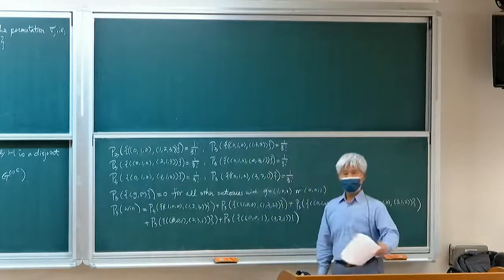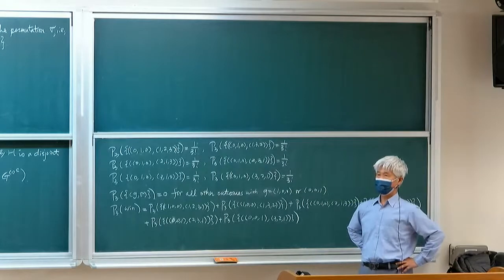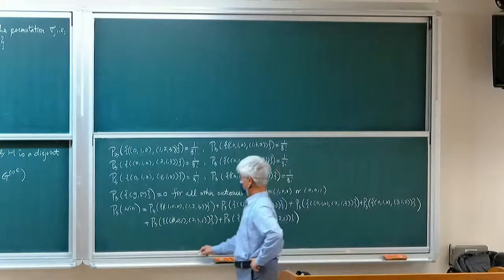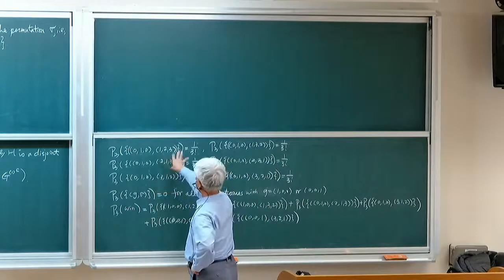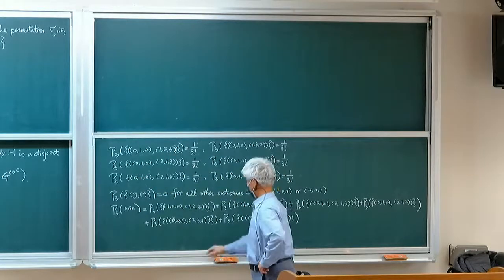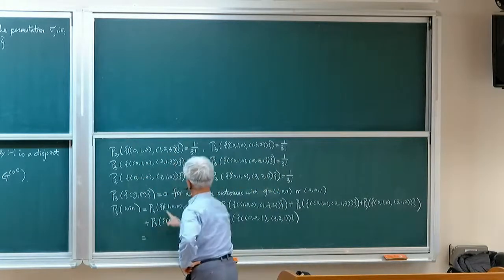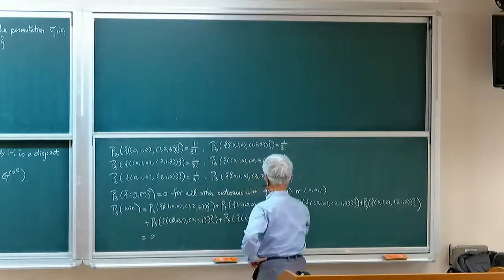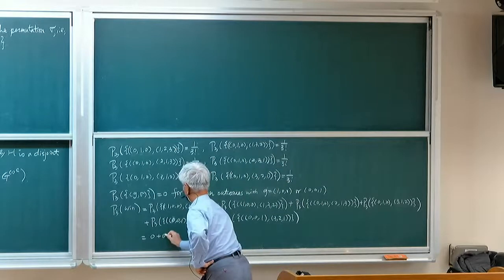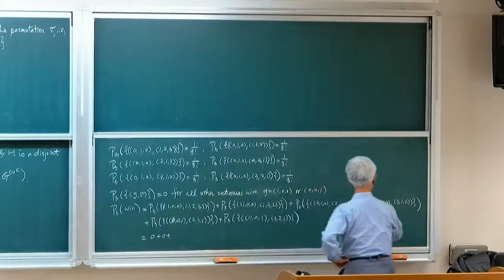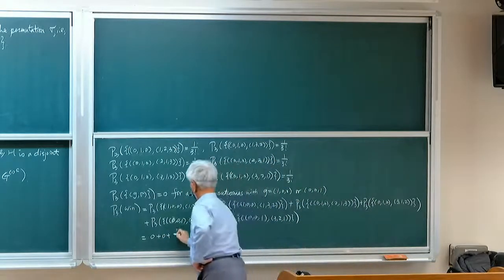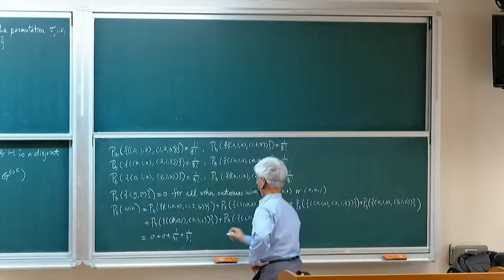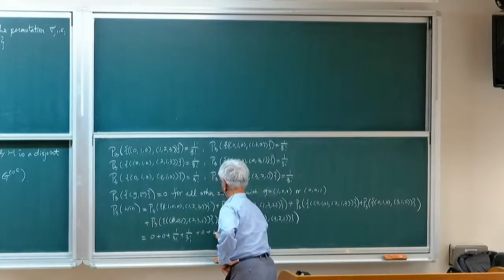Okay? Now, for this probability function, we know this is 0. This is 0. And these two, we have 1 over 3 factorial. Plus 0, plus 0.